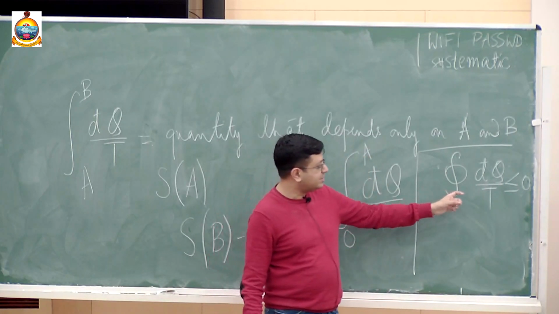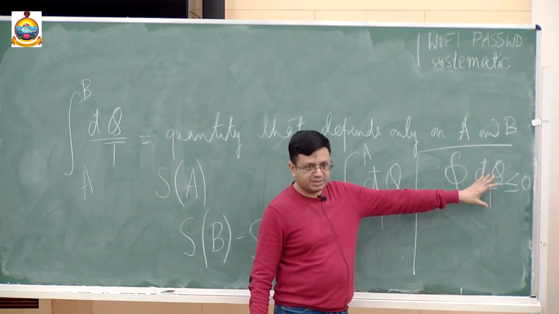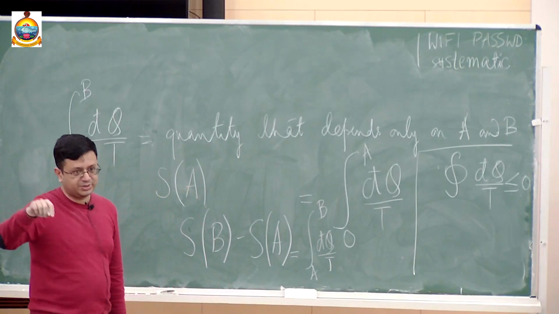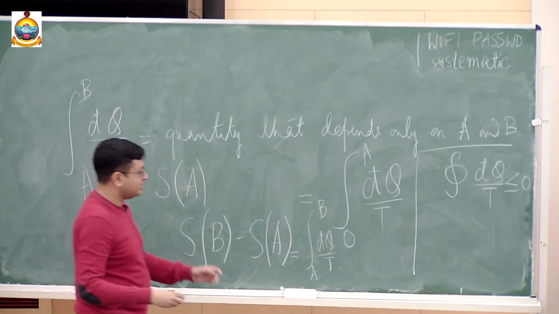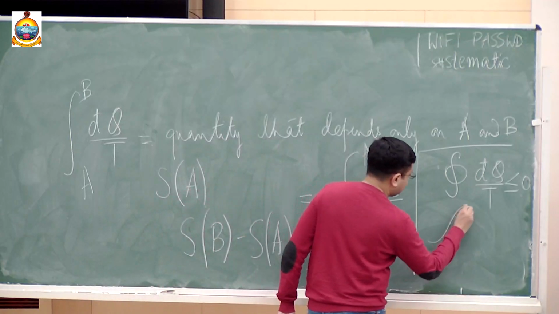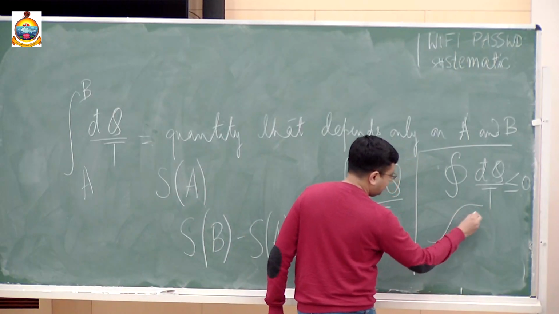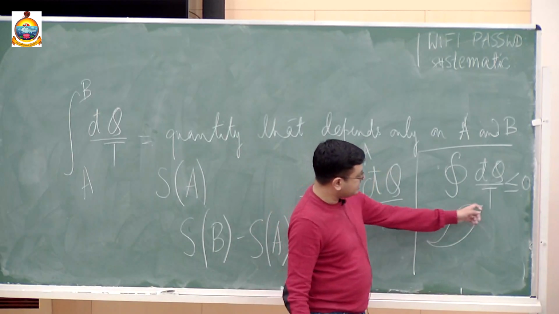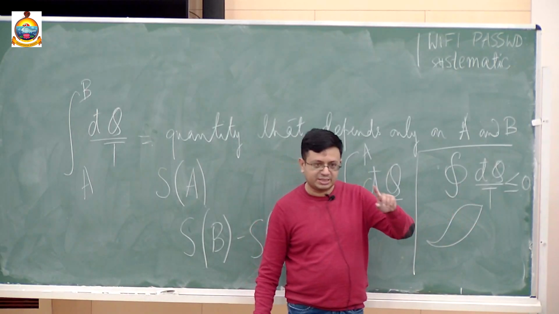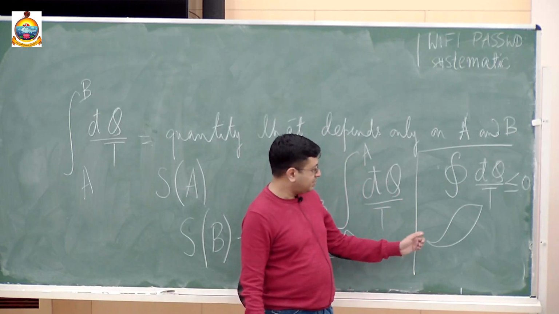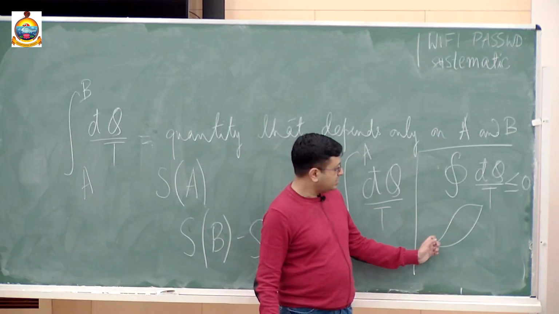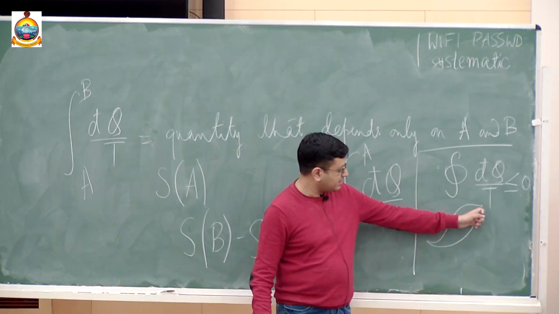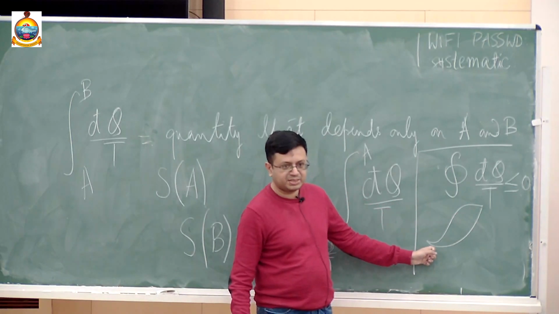Then what I did was I used the reversible version of this equality, that d cross q by T over the whole cycle is equal to 0. Then I constructed that cycle where this is a reversible path and that is also a reversible path. For the whole cycle, d cross q by T is equal to 0, but then I broke it up into the contribution in going along this path and the contribution in coming back along this path.